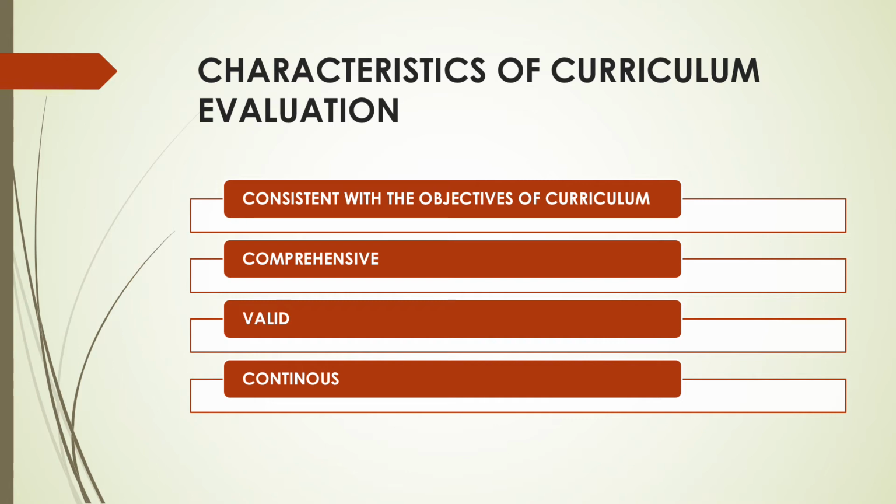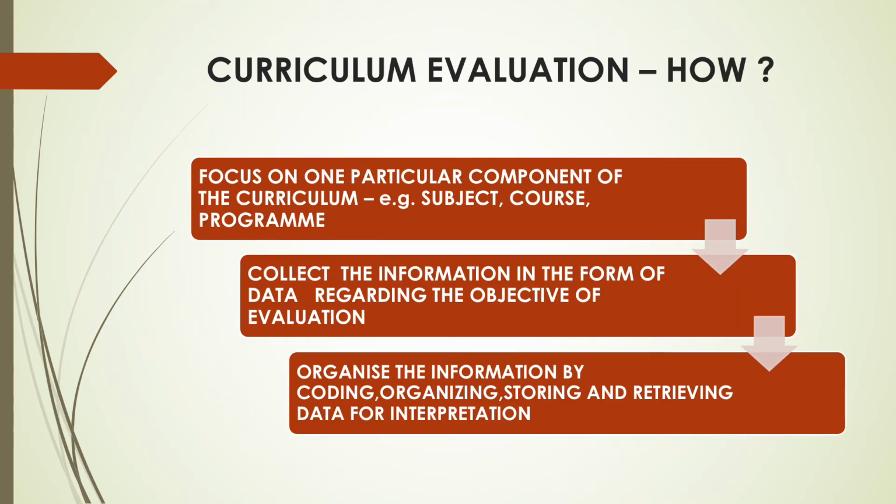Evaluation should be comprehensive, should deal with all the aspects, should not be only of one particular aspect. It should be valid, it should be continuous. Like evaluation should not be done only once in a while. It needs to be done regularly in regular intervals so that proper assessment can be done.